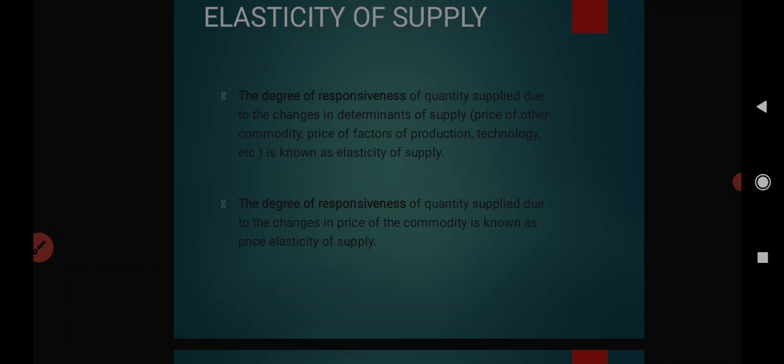The degree of responsiveness of quantity supplied due to change in its determinants of supply, that is price of other commodity, price of the factors of production, technology, etc., is known as elasticity of supply. The degree of responsiveness of quantity supplied due to change in price of the commodity is known as price elasticity of supply.